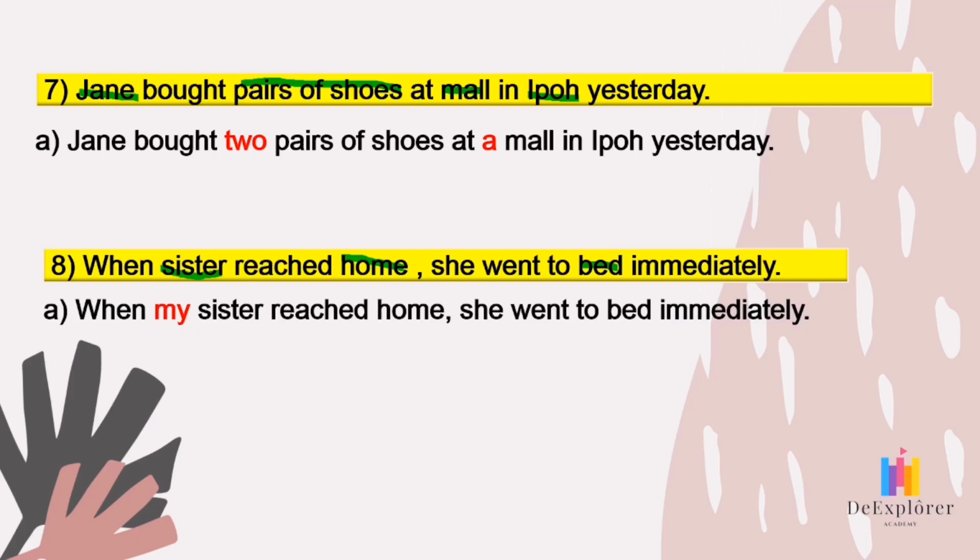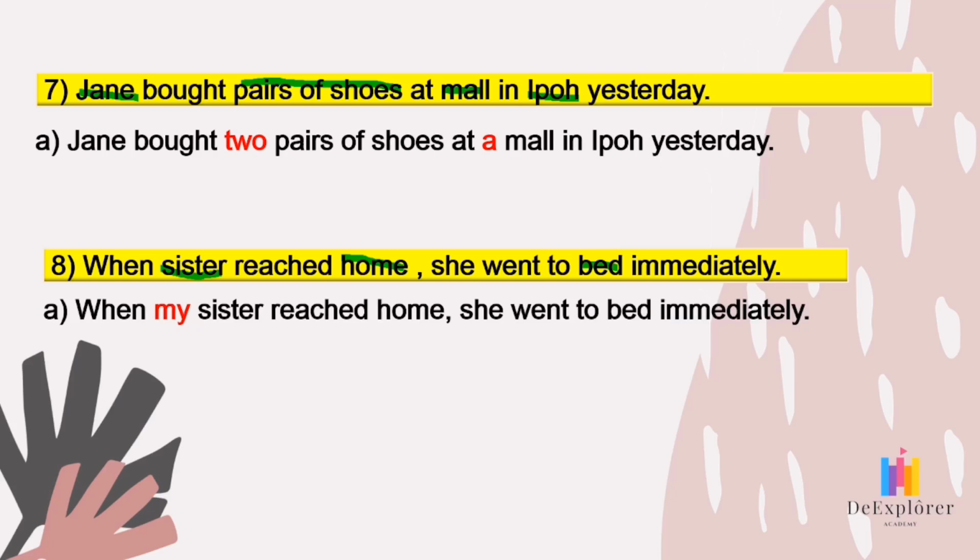When my sister reached home, look at the word home and the word bed. These are a bit special, reaching home means returning home, and you don't need a determiner or an article. Just write when she reached home, she went to bed.